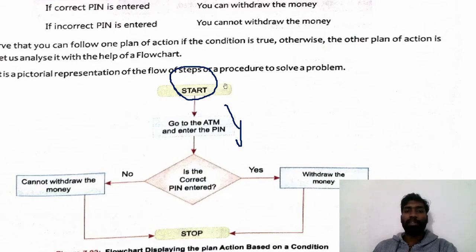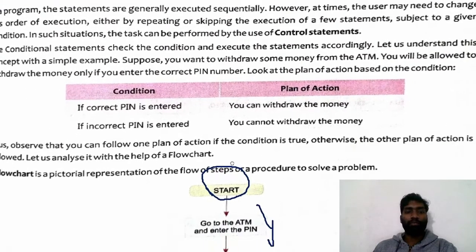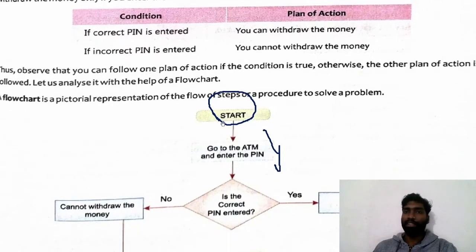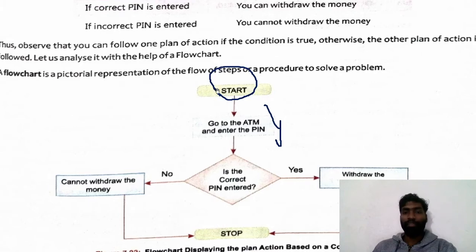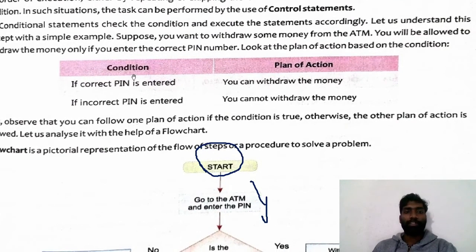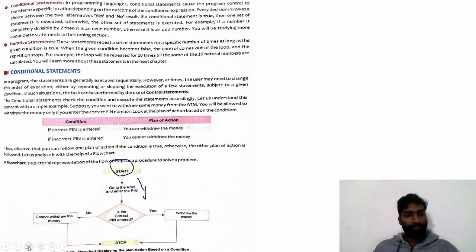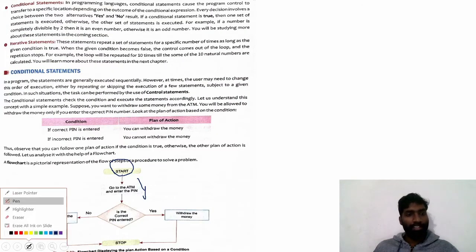So actually this is a simple task in pictorial form, we just draw this in a flow chart. See here, condition, control statement. With the help of a condition only it will work. Here the condition is the pin number.